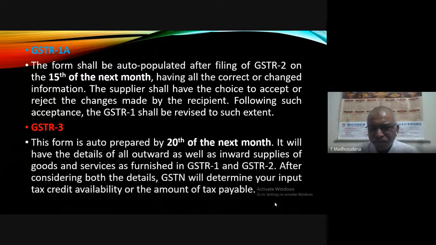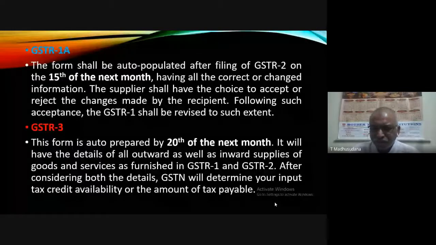GSTR 3 is a form auto-prepared by the 20th of the next month. Okay, so after finalization of GSTR 1A, the GSTR 3 is auto-prepared by the 20th of the next month.